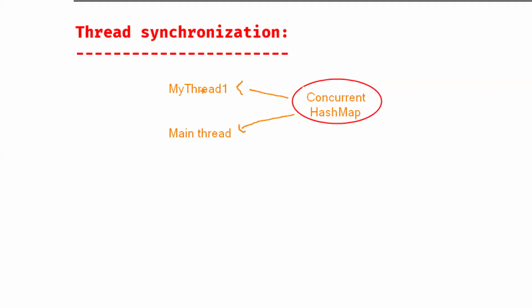The object is one, but it is used in two threads, which means we can share the same resource with multiple threads. This is called a shared resource of multiple threads. I took a concurrent hash map, and this is what we discussed yesterday.